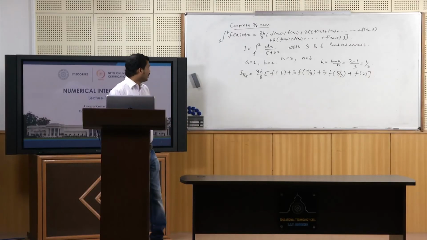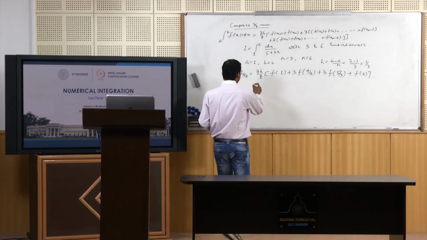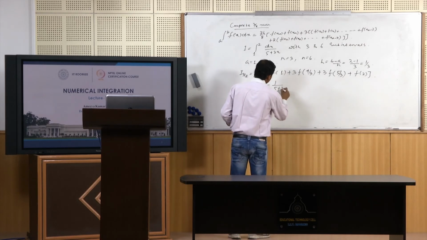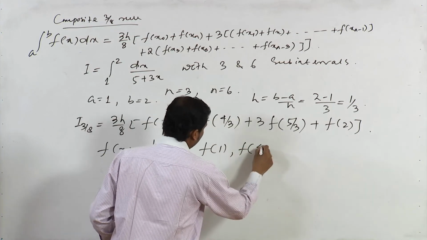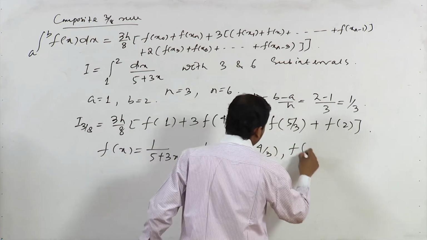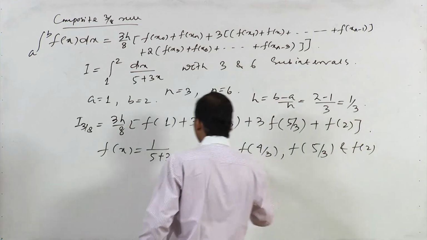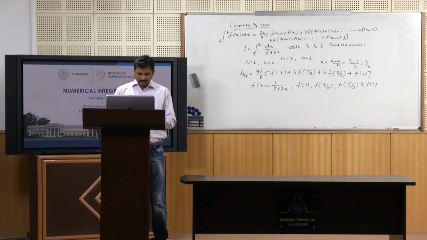From this you can obtain all of these functional values. Once f of x is written as 1 by 5 plus 3x, from there itself you can get f of 1, f of 4 by 3, f of 5 by 3 and f of 2, put these values in, and obtain the result here.